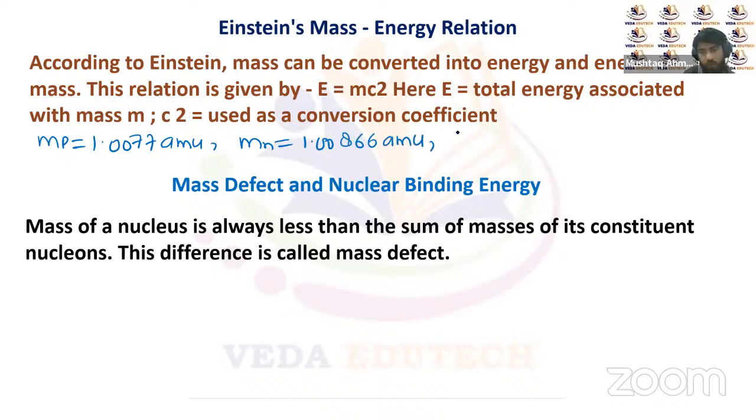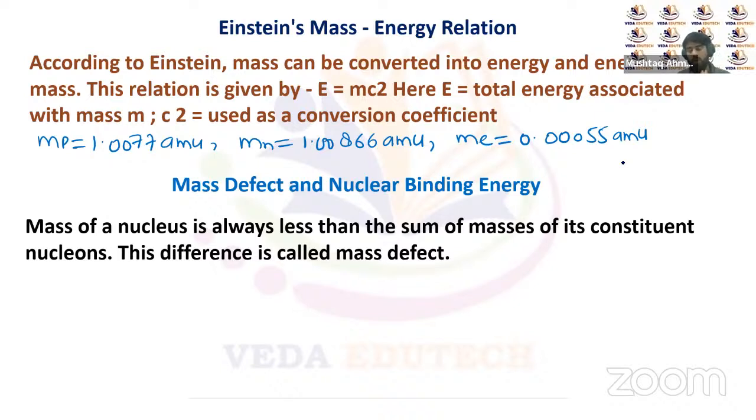And the mass of electron in terms of AMU is 0.00055 AMU. So this is the mass of electron in terms of atomic mass units, and this is the mass of neutron and of proton as well.